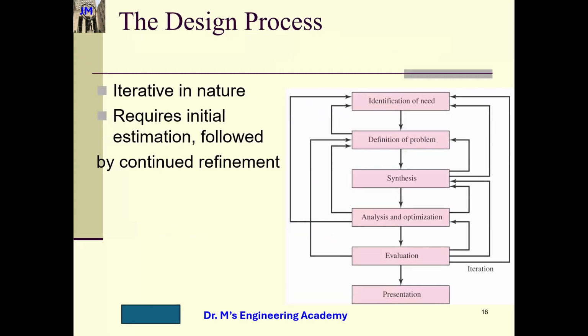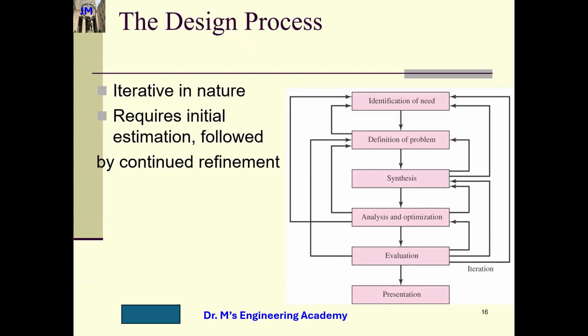So the design process is iterative in nature. Usually when we want to design something, because we do not have any idea about this component or system, at the very beginning we always pat our head and move on. Okay, we have to start from there.